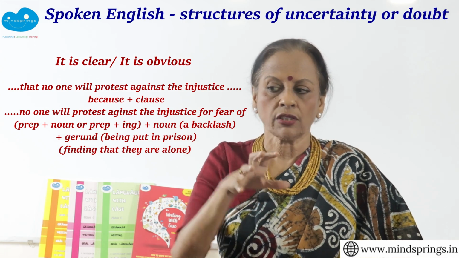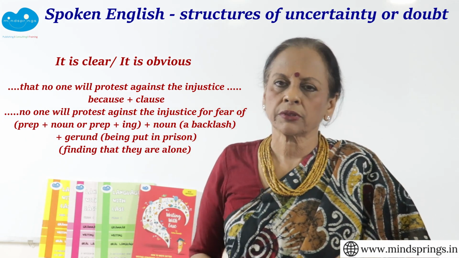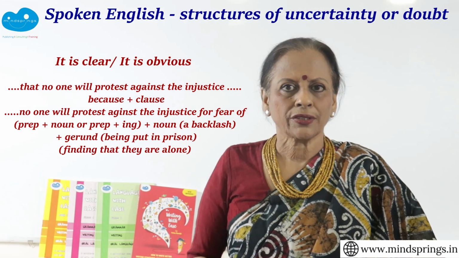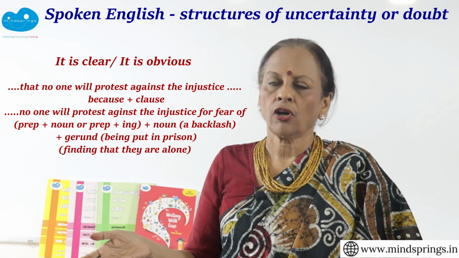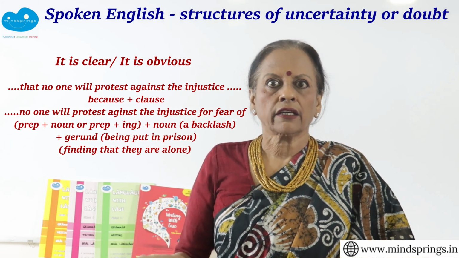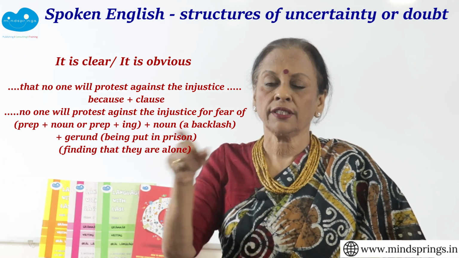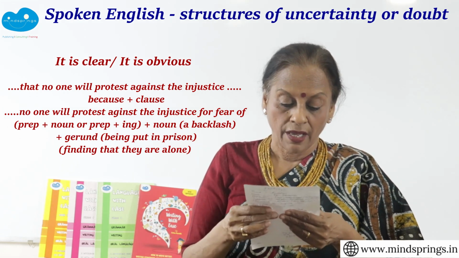If you say because, then it will become a clause. If you put for fear of, it becomes a prepositional phrase. For fear of a backlash, for fear of being put in prison, for fear of finding that they are alone. See the ing word, because you put for there. Preposition ing, preposition ing. So that's how it goes.